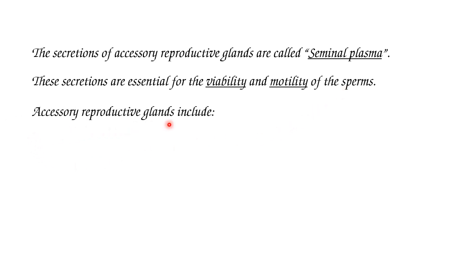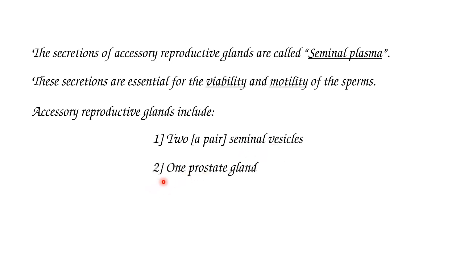Accessory reproductive glands include a pair of seminal vesicles, one prostate gland, and a pair of bulbourethral glands.